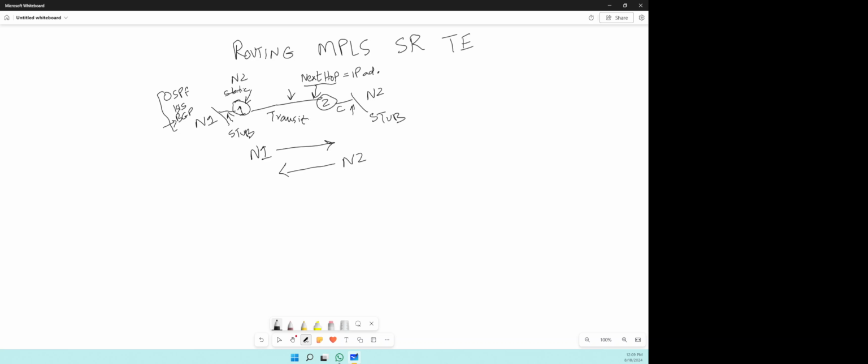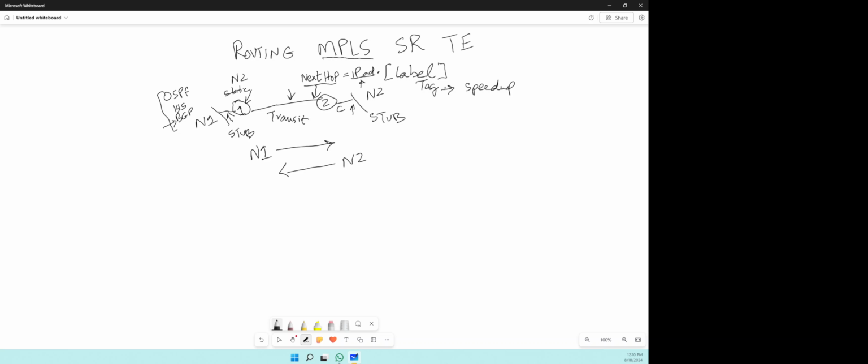All right, so where does MPLS come in? So with MPLS, instead of the next hop being an IP address, it's a label. It's just a label, like a tag. Call it whatever you want. It's not an IP address. It used to be called tag switching, and the purpose for that was to speed up lookups.